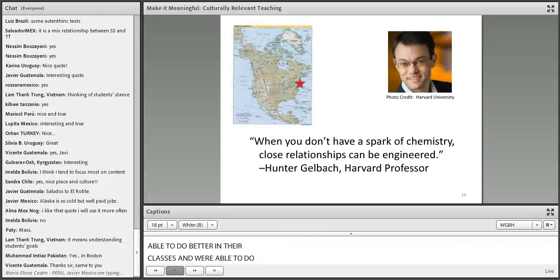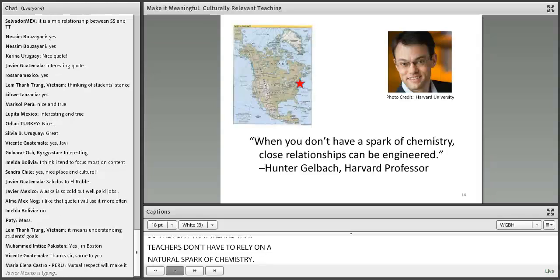So they say that means that teachers don't have to rely on a natural spark of chemistry. You can actually engineer and create close relationships on purpose by telling students about what you both have in common. So that's one way to build relationships with students.